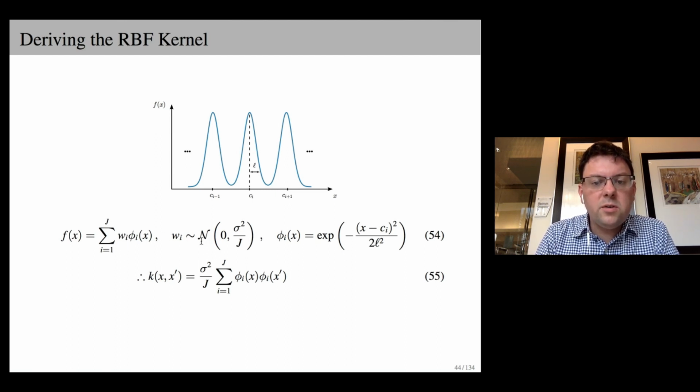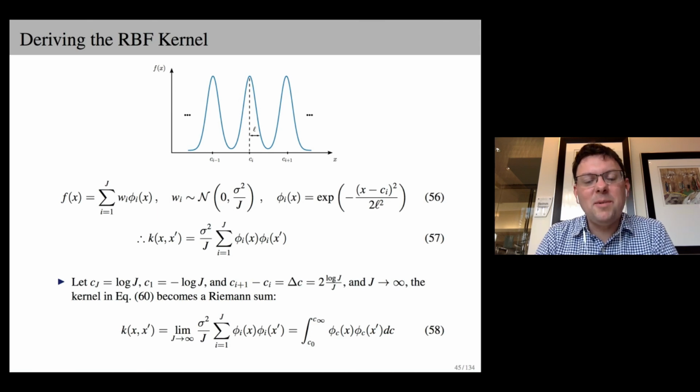We'll put a Gaussian distribution over our weights, and we'll use as our basis functions Gaussian bumps centered at points Ci, as drawn in this diagram. We can grind through the algebra, revert to the definition of our covariance function, and get our covariance function in equation 55.